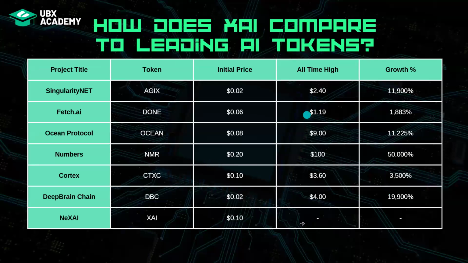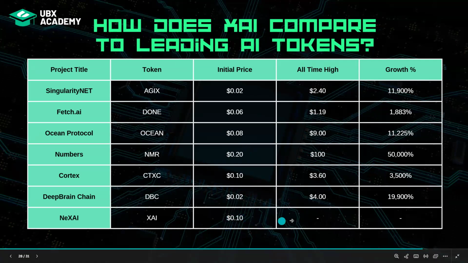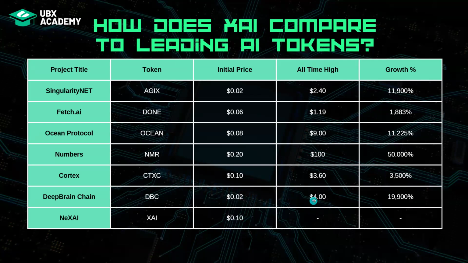And you see the potential? It's huge. Currently, they are only rating about a few dollars. The max is $100 over here, Numbers. They start off with 20 cents, but we're starting off with 10 cents. So in the next 1 or 2 years' time, definitely XAI is going to catch up with all these companies.